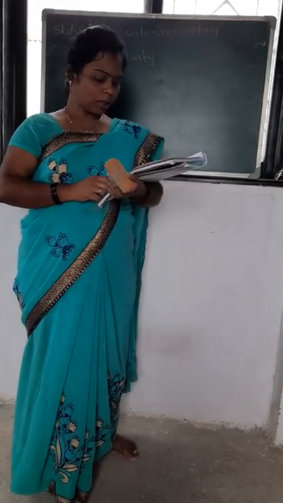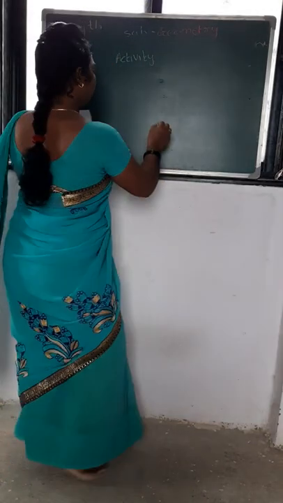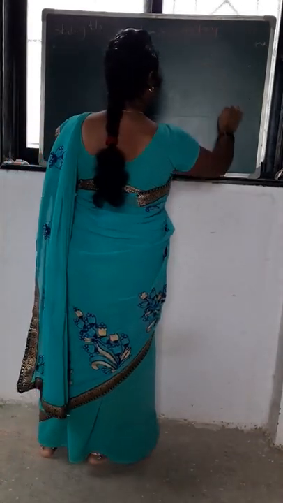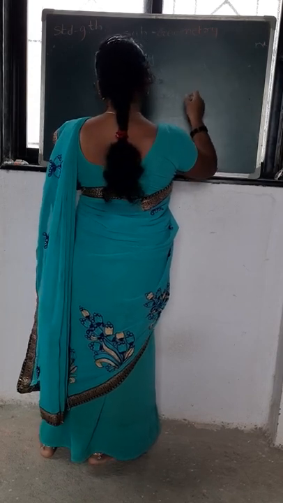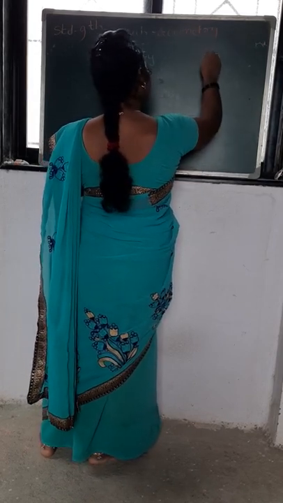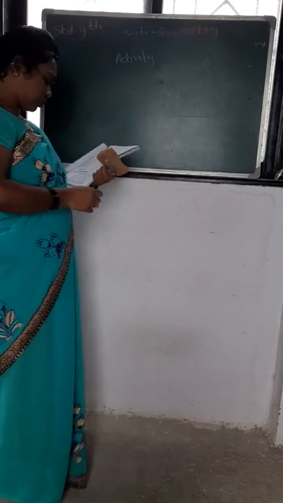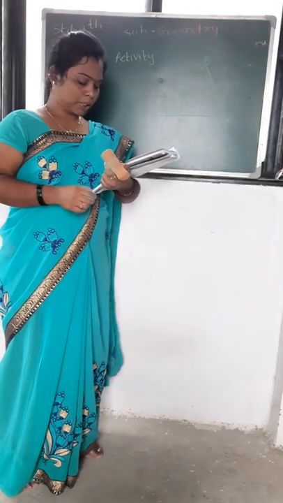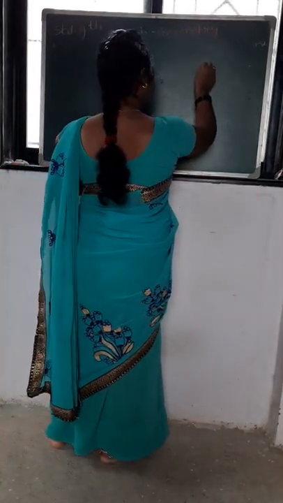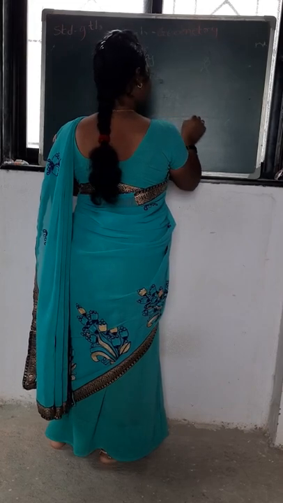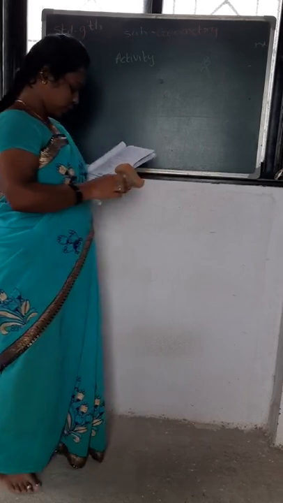In the figure, triangle ABC is a right angle triangle. Segment BD is the median on the hypotenuse.